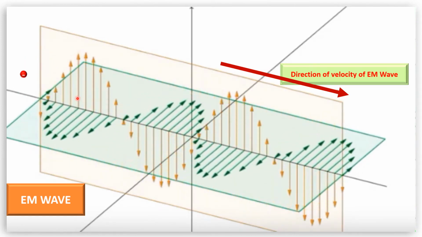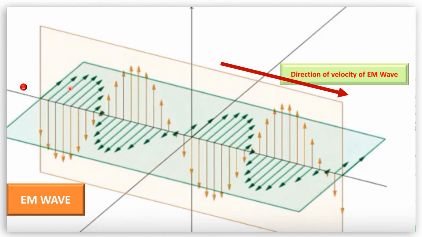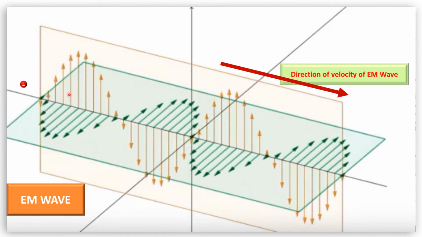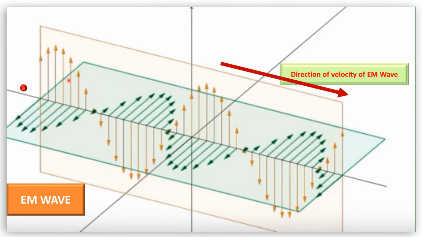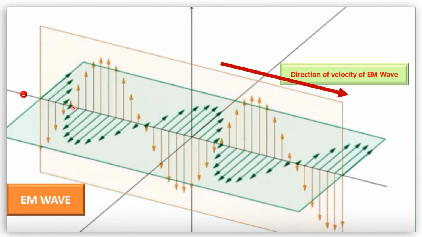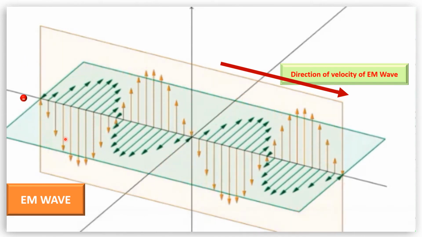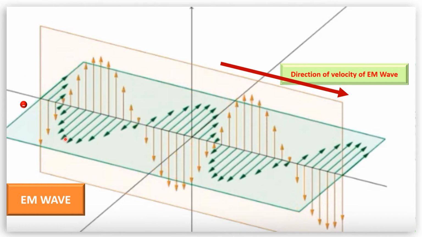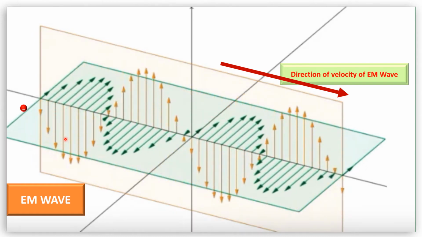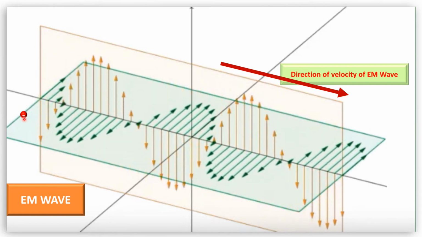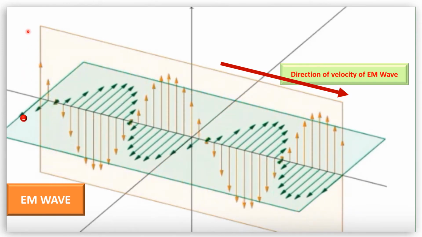These arrows are not the particles which are vibrating, I am showing only the change in the electric field and change in the magnetic field. Actually, in an electromagnetic wave, no particle vibrates physically except electric charge vibrates at one point, isn't it?